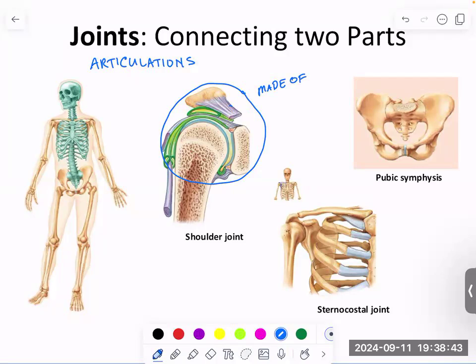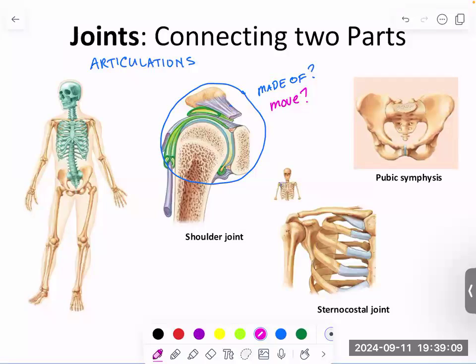There are, believe it or not, fluid-filled sacs which lubricate your joint. So you have to think about, what is it made of? And the other thing you have to think about when it comes time to classifying joints, how does it move? These are the two things we need to start thinking about for every single joint.